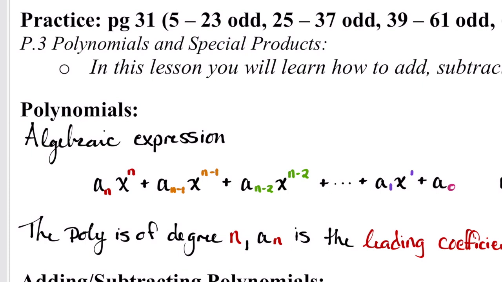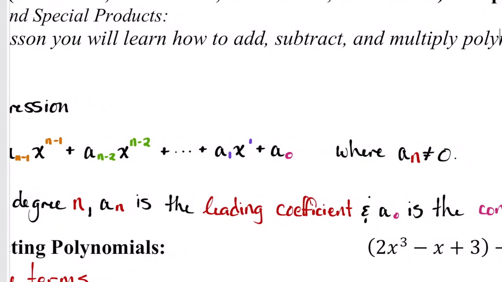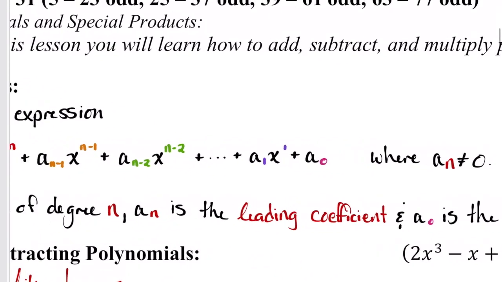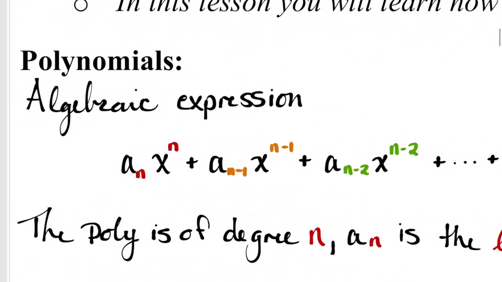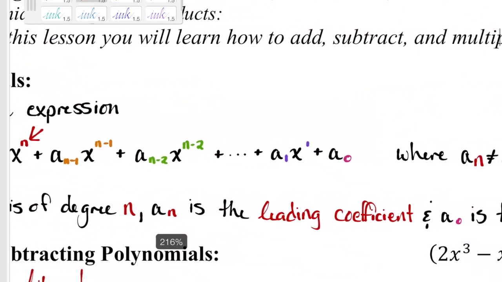And whatever number is in front of, or multiplying, the variable with the largest degree is called our leading coefficient. So our leading coefficient is kind of like our line leader in this case. This guy here, a sub n, because he has the highest exponent, is going to be the leading coefficient, the coefficient that is in the lead.